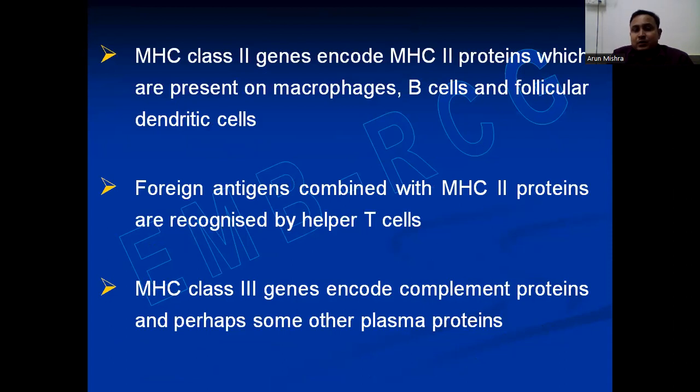MHC class 2 genes encode MHC2 proteins, which are present on macrophages, B cells and follicular dendritic cells. Foreign antigens combined with MHC2 proteins are recognized by helper T cells. MHC class 3 genes encode complement proteins and perhaps some other plasma proteins.